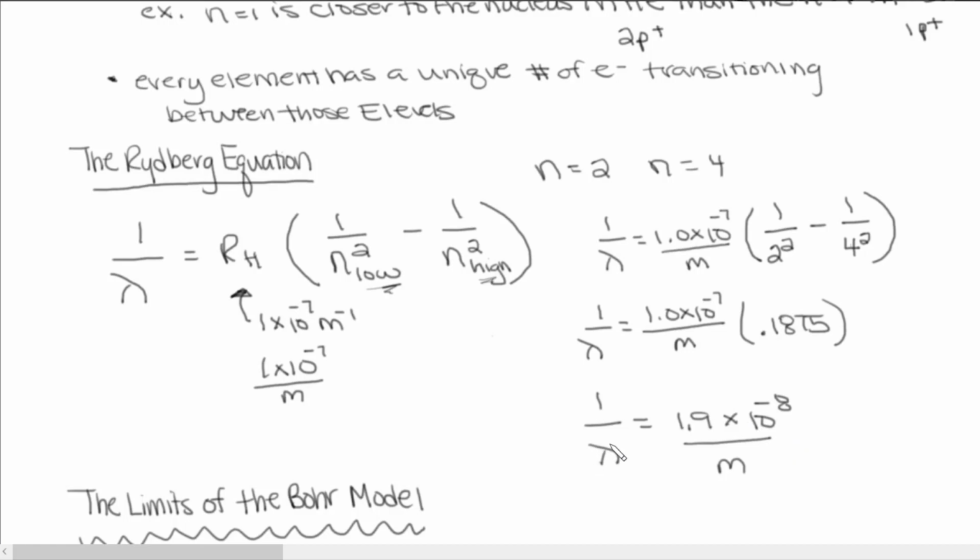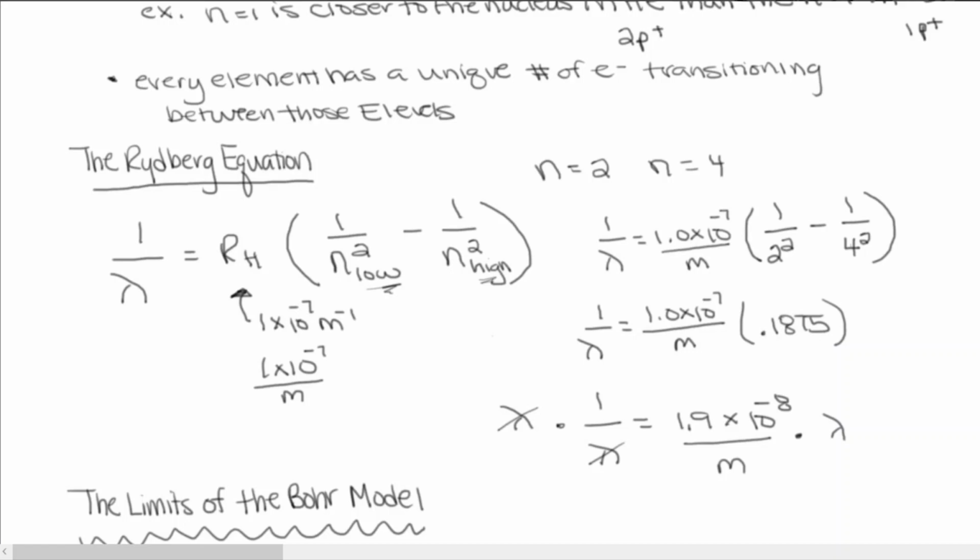So now I need to solve for lambda, right? Right now, lambda's in the denominator. I need to get lambda out of the denominator. So I'm going to multiply this side by lambda, and I'm going to multiply this side by lambda. So that's gone. I'm left with a 1 on this side. So this number times lambda equals 1. How do I solve for lambda? Divide both sides by 1.9 times 10 to the negative 8th.